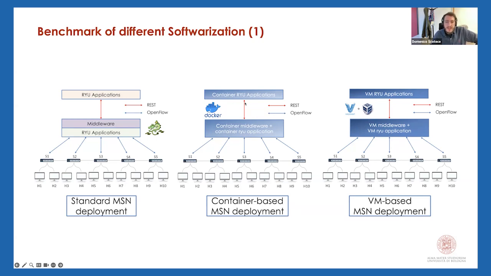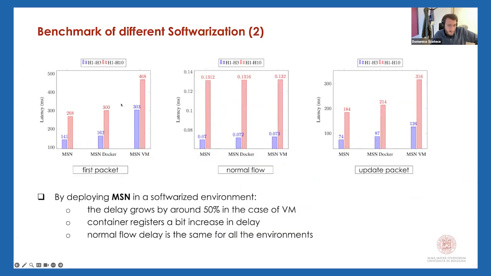Also, we have the same deployment in a Docker container. And also we have the same deployment in a virtual machine. We tested these 3 different deployment solutions, let's say softwarization solutions.